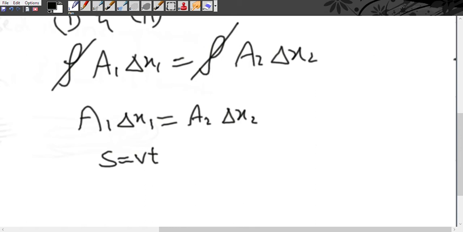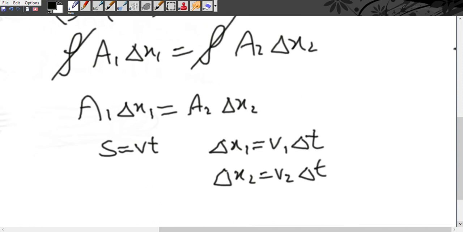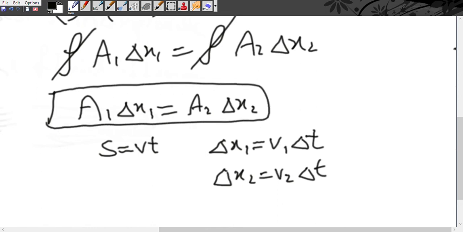Here for the lower end, S is equal to delta x1, velocity is equal to v1, and the time to cover the distance delta x1 is delta t, and for the upper end we may write the equation in the same form.